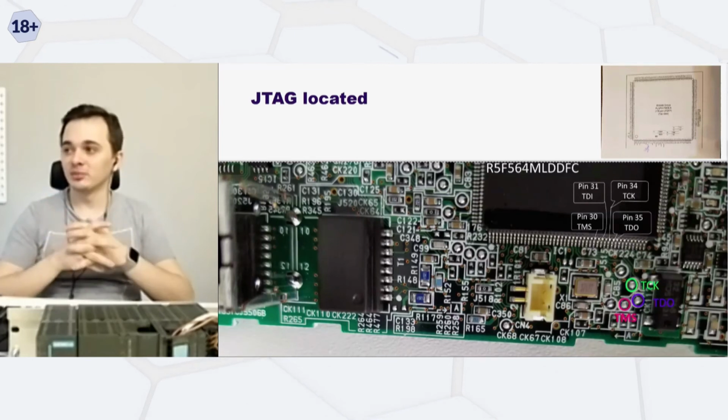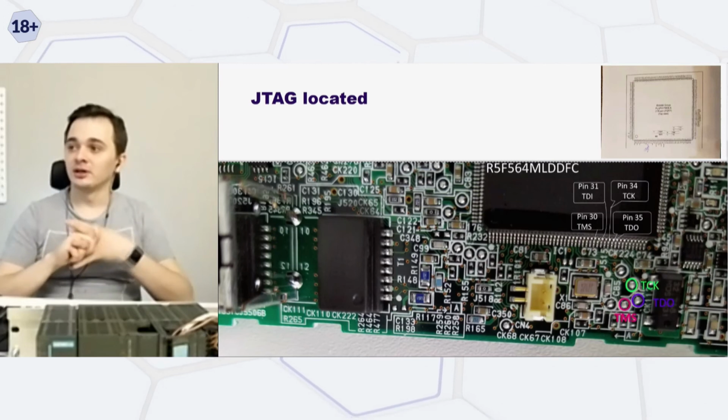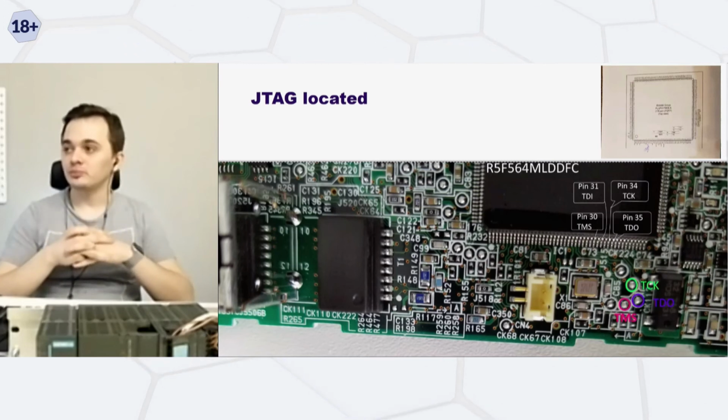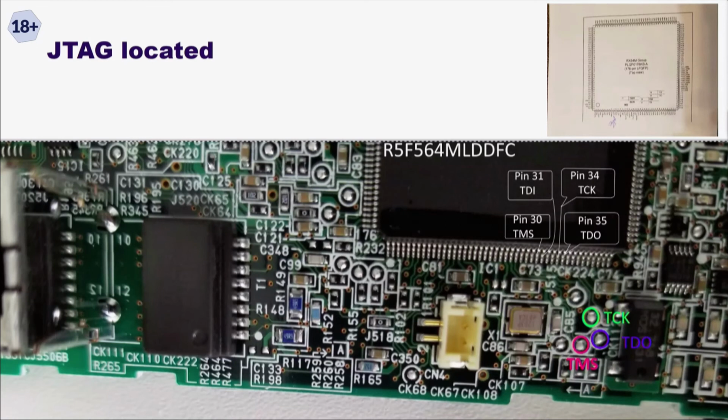First, you have to locate the JTAG. Thanks to the labels, it was easy to find the pins that were responsible for JTAG. You can see them now on the screen.